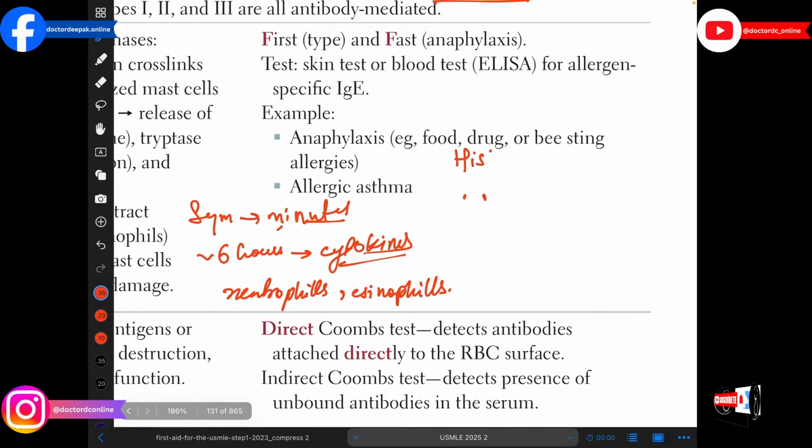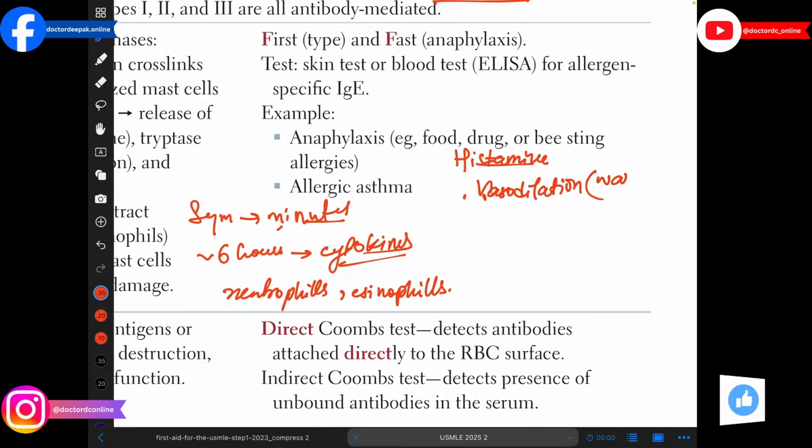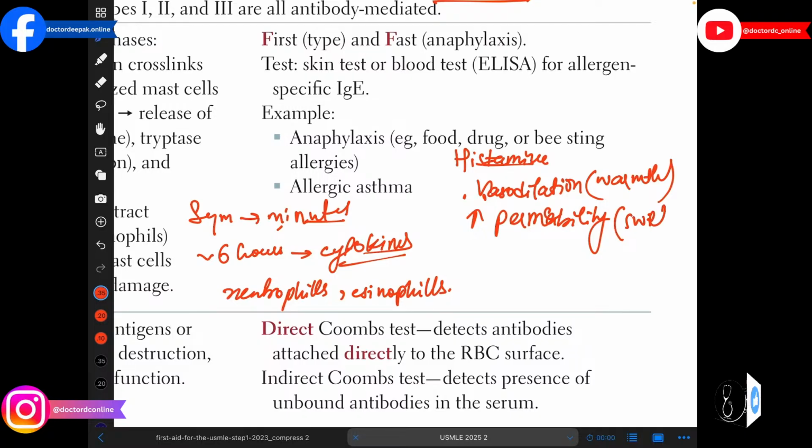Histamine is the most common mediator, and it causes vasodilation, and it will increase the permeability of venules. That will cause swelling.